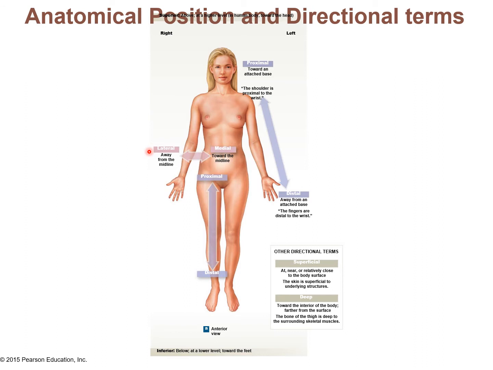So, for example, let's think of an example together. Let's think of our clavicle, which is basically your collarbone, and let's say your shoulder. You can see that your clavicle or your collarbone is closer to the midline compared to your shoulder. So I would say my clavicle is medial to my shoulder.